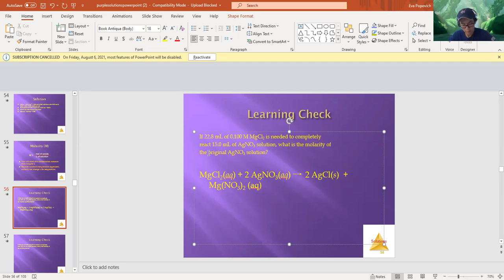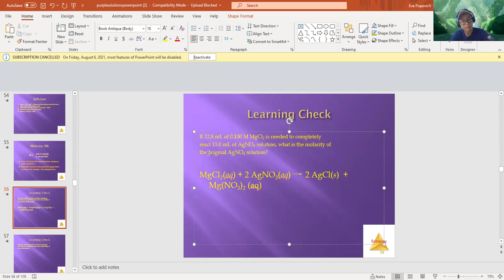Then given the equation we're given, you have to multiply that by 2 to account for the fact that for every mole of MgCl2, you're also using 2 moles of AgNO3. And then you just divide that by 0.015 liters of AgNO3 solution to get 0.04 molarity.